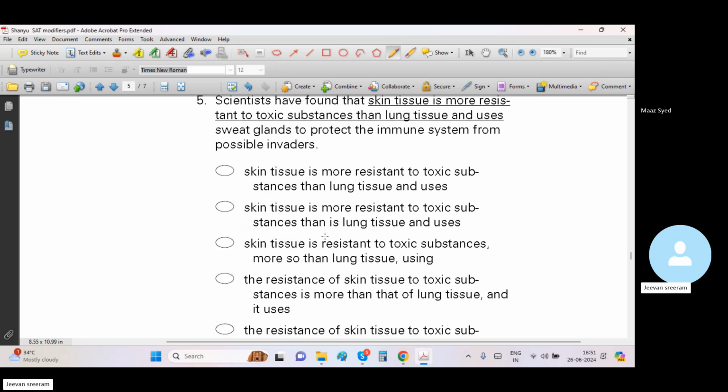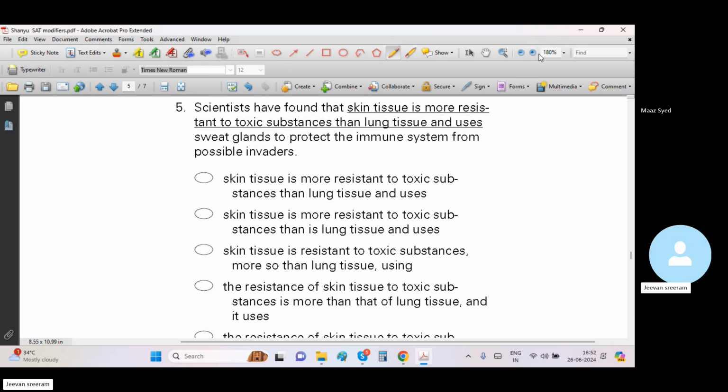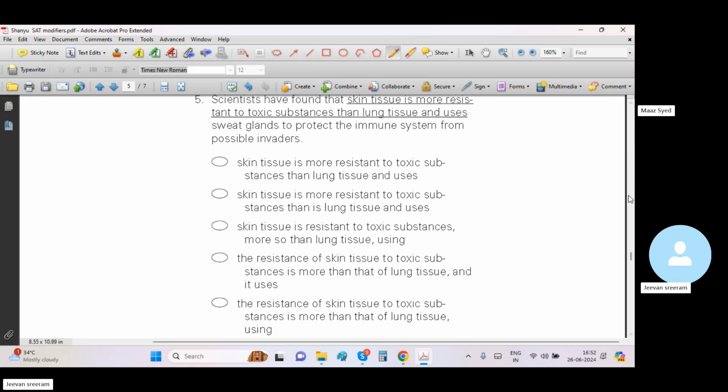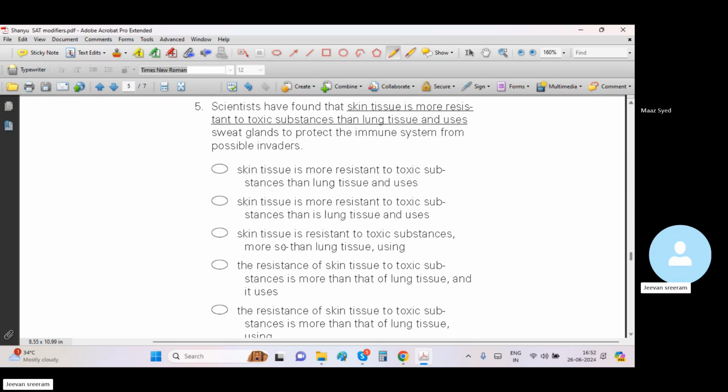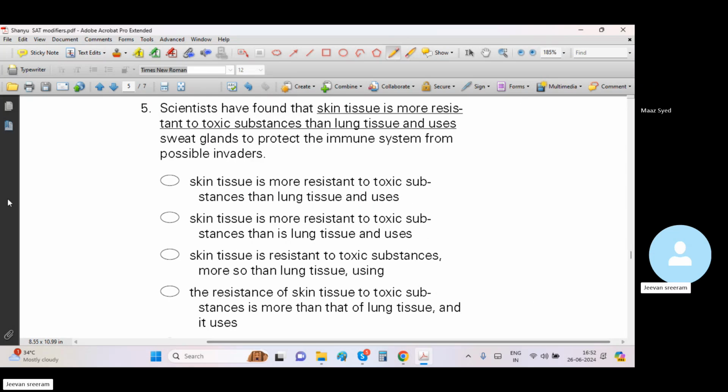Now how about this? C. Have you attempted this? Yeah. Let me check. Scientists have found that skin tissue is more resistant to toxic substances than lung tissue.